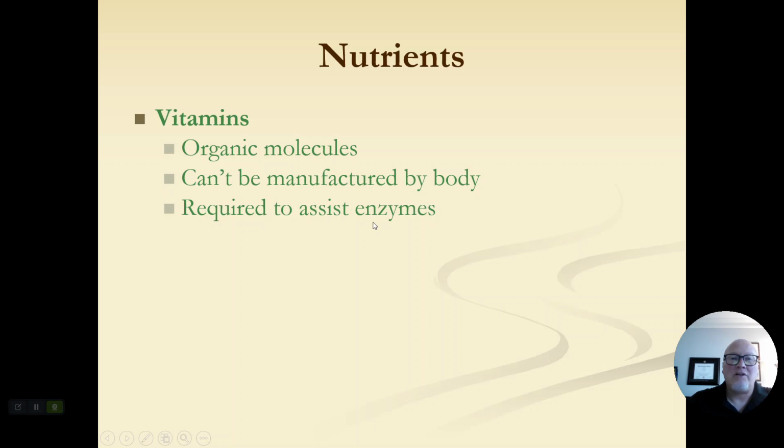We also take in vitamins, which are essentially coenzymes that are required in order for enzymes to do their job. Enzymes are proteins that help regulate metabolism, and what we refer to as vitamins literally are coenzymes. They help these enzymes regulate our metabolism.